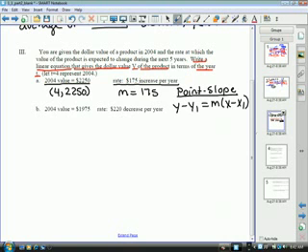Now, at the beginning it looks harder, but once you substitute all the numbers in, you do the arithmetic, the algebra, and you get the answer, and you don't have to plug back in or any of that stuff. Y and x are the variables that are going to be in your final answer, so you don't plug anything in there. You plug your point into x1 and y1.